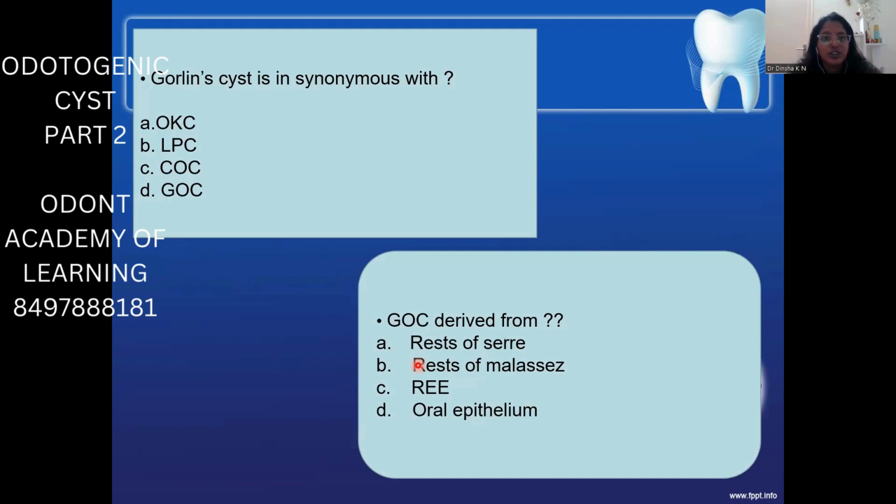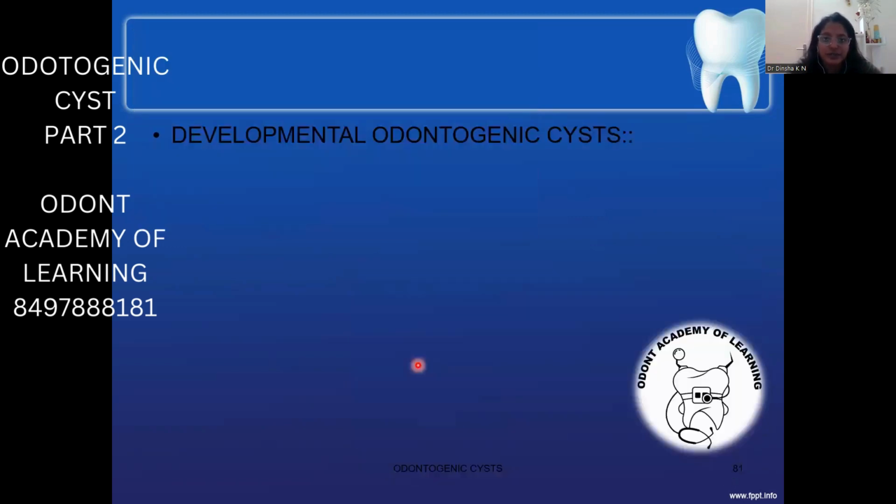Garland cyst is synonymous with OKC, LPC, COC or GOC. So Garland cyst is nothing but calcifying odontogenic cyst. GOC, or glandular odontogenic cyst, derives from rests of Serres, rests of Malassez, reduced enamel epithelium or oral epithelium. It is from the rests of Serres.